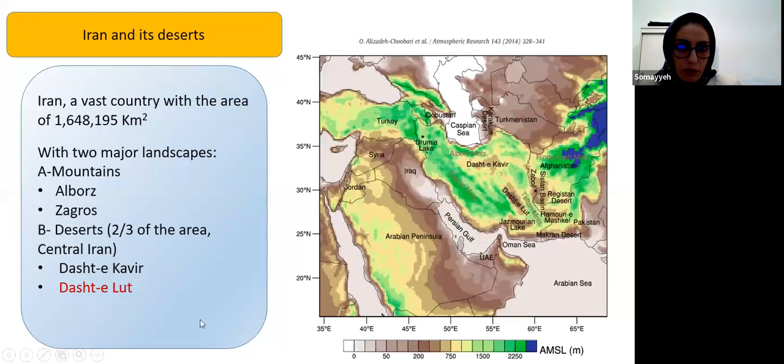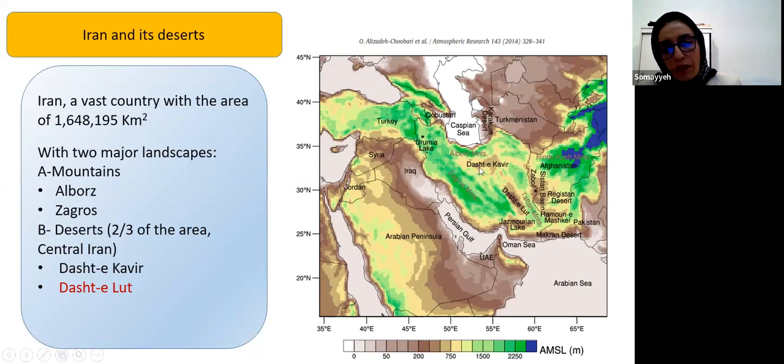So you see the map of Iran here with the surrounding countries. As you see, Iran is a vast country and has two major landscapes. It contains mountainous areas: in the north we have the Alborz ranges, and in the west we have the Zagros ranges.